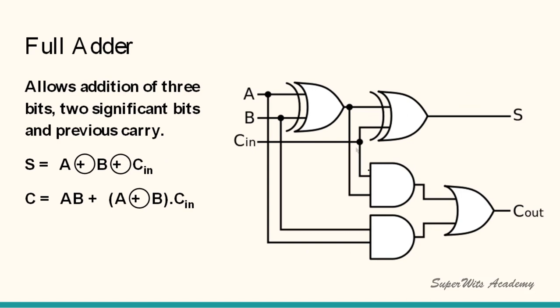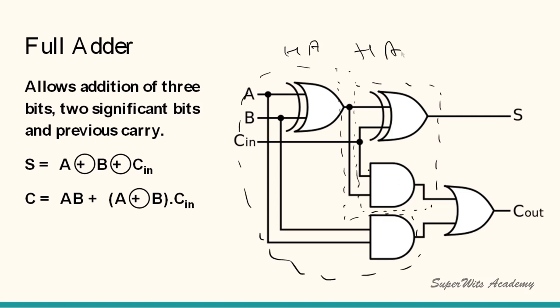If you see carefully, I must create a separation for you. This and this are 2 half adders, half adder 1 and half adder 2. They have been joined together, and the carries have an OR operation performed on them.